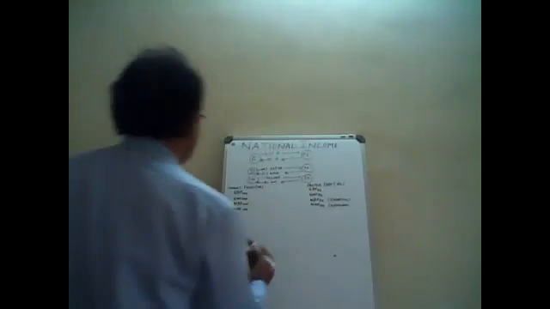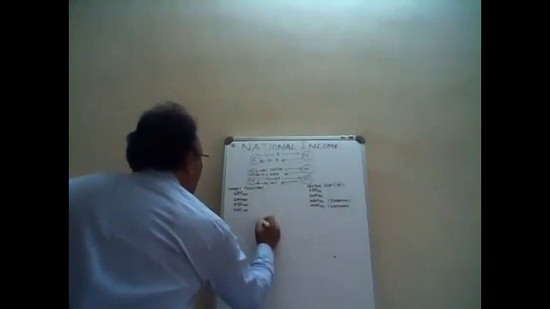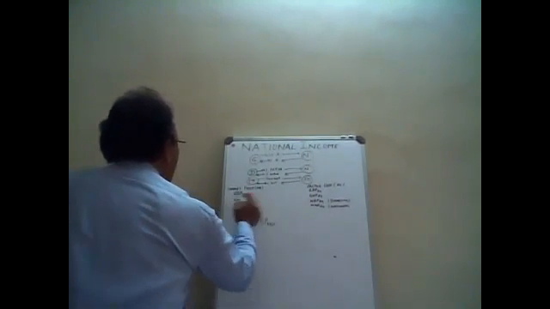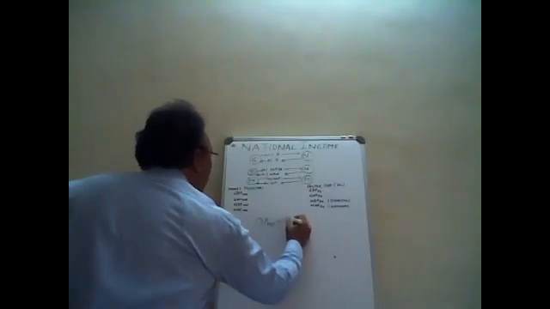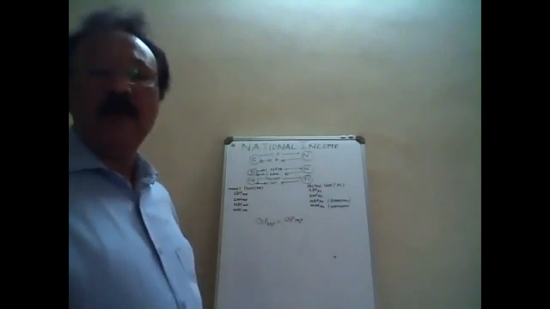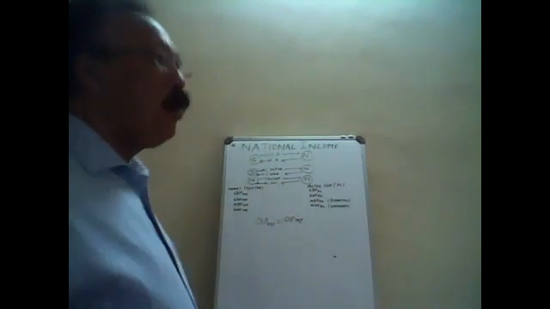Now let us take the first one, GDP market price. We want to calculate it from GNP market price. Can you see? GDP market price, we want to calculate it from GNP market price. Now, how do we change it?